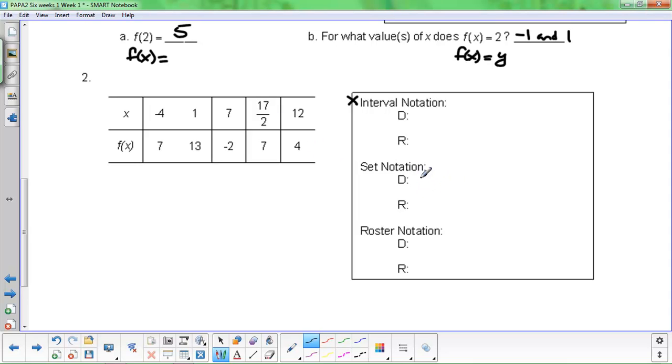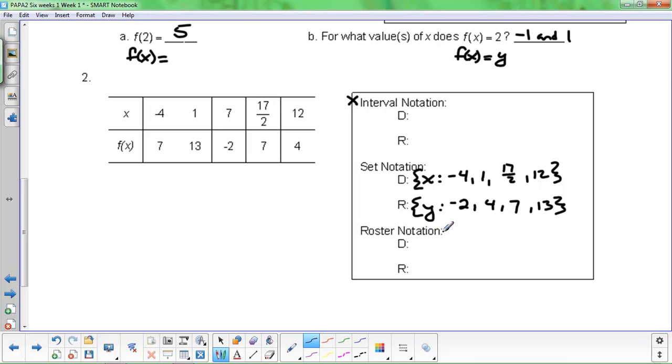Set notation, we denote x as the domain, and we will list from least to greatest your points in the discrete function. -4, 1, 17/2, and 12. Close in your brackets. Again, with your range, denote y, and from least to greatest, noting you will not write the number 7 twice.